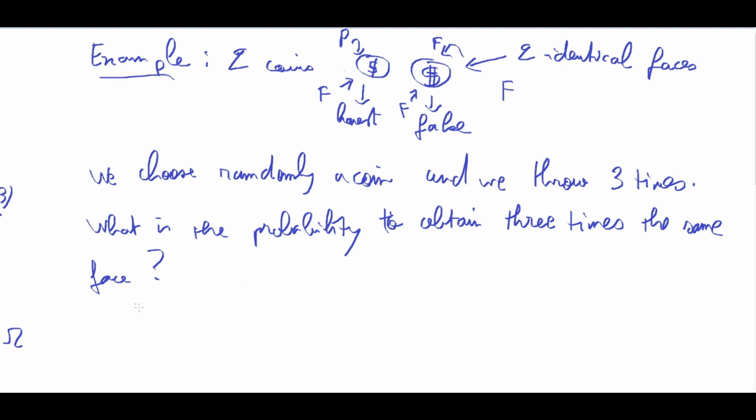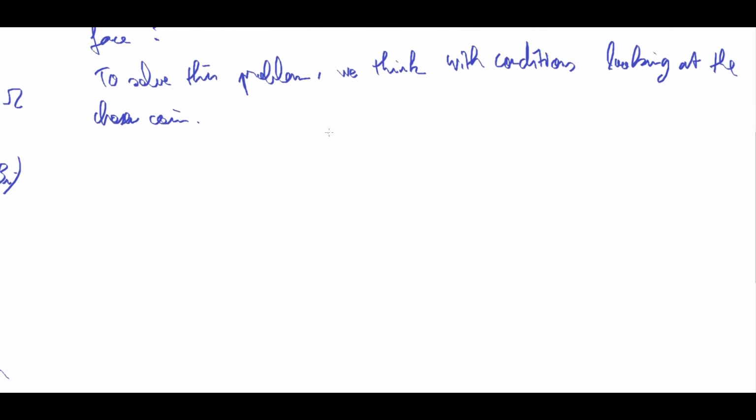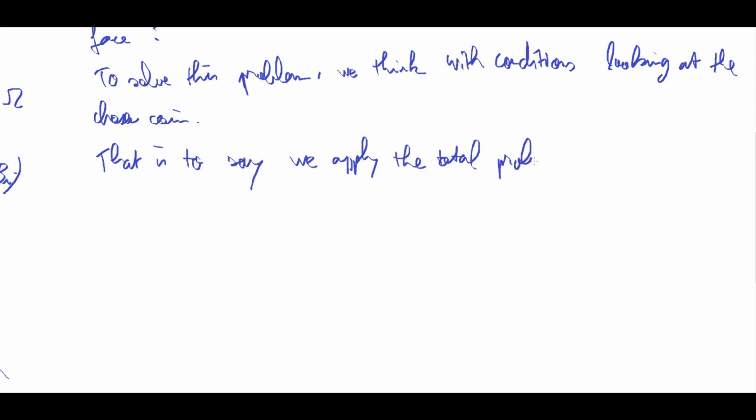To solve this problem, we think with conditions, looking at the chosen coin. That is to say, we apply the total probabilities formula for the events.